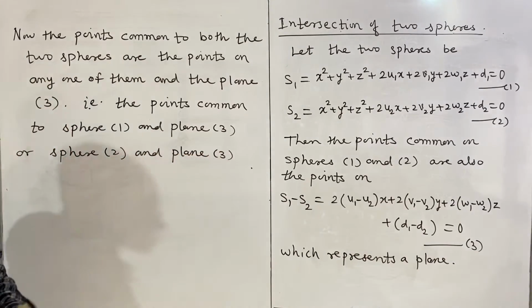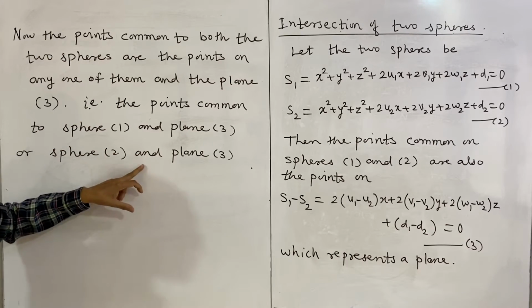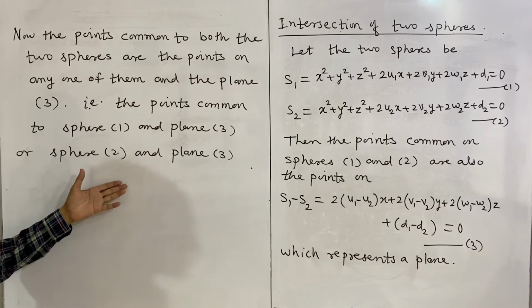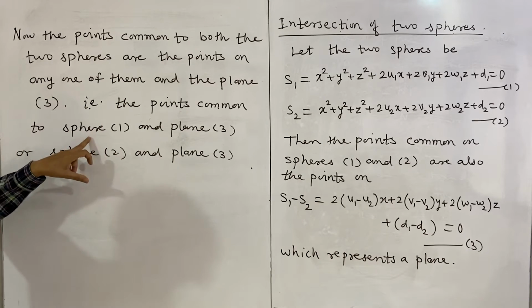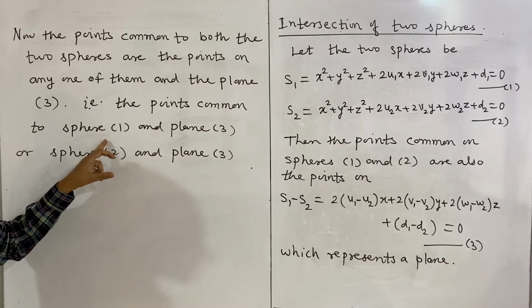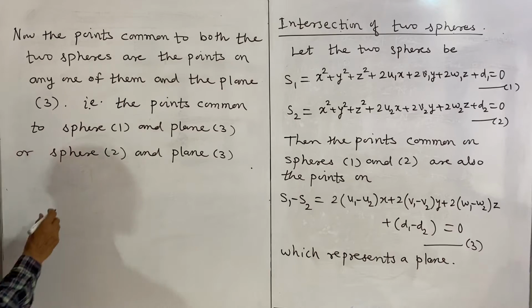But we know that either of these, sphere 1 and plane 3 or sphere 2 and plane 3, give the same points. And the section of a sphere by a plane is a circle, we have just proved it, which represents a circle.